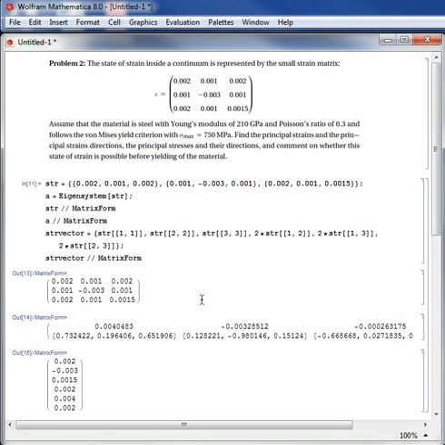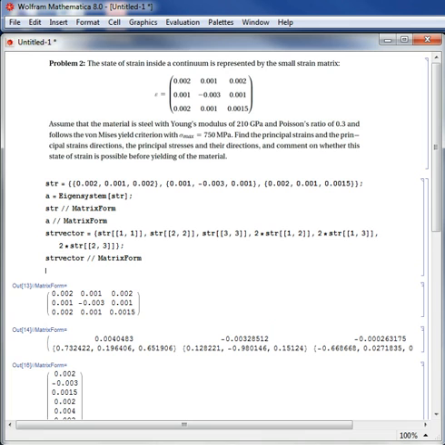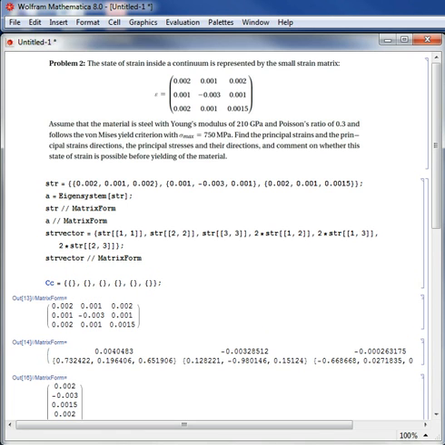The relationship between the stress and strain is defined using a big matrix. I'm going to call this matrix CC. This big matrix is a 6 by 6 matrix, so it has 6 rows: 1, 2, 3, 4, 5, 6. The entries are functions of Young's modulus, the shear modulus and Poisson's ratio.